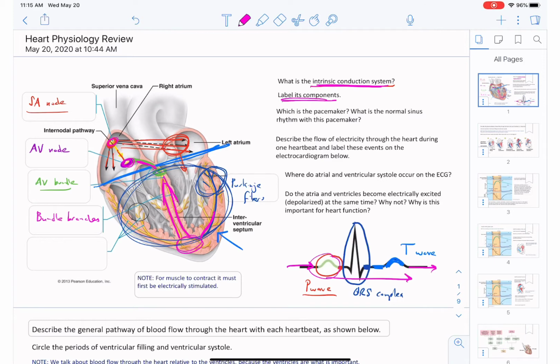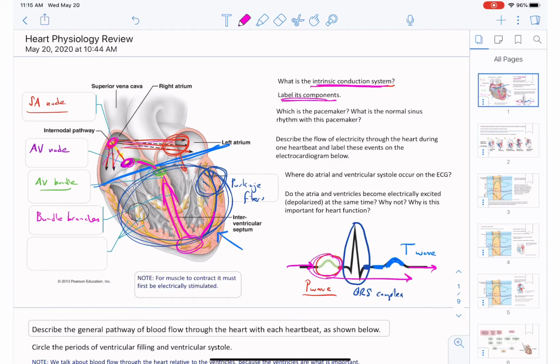Describe the flow of electricity through the heart during one heartbeat and label these events on the electrocardiogram below. We did that. The SA node fires, spreads all throughout the atria, which results in the P wave.